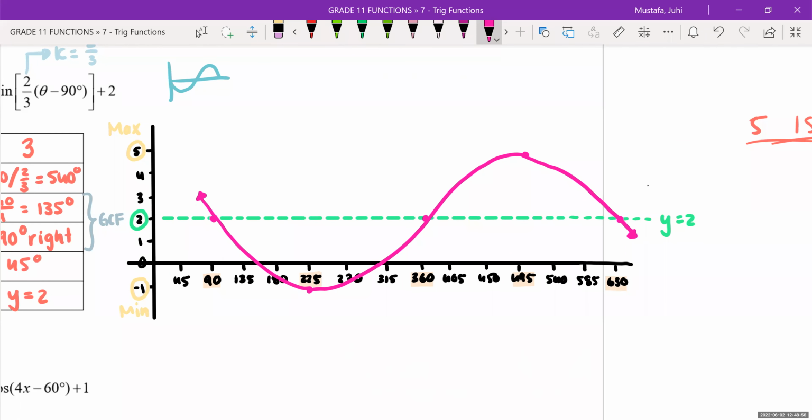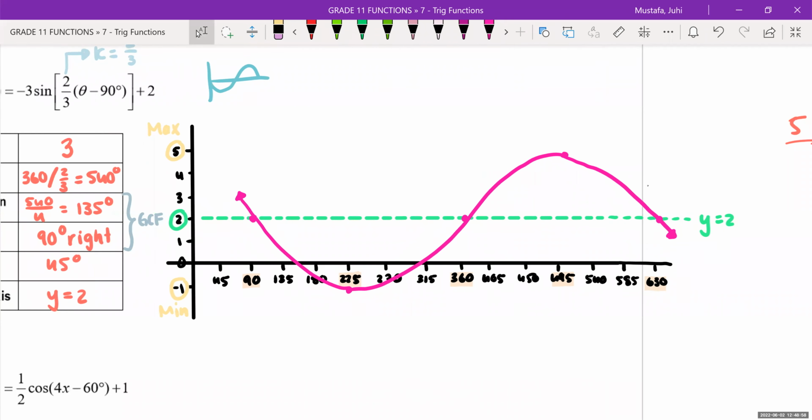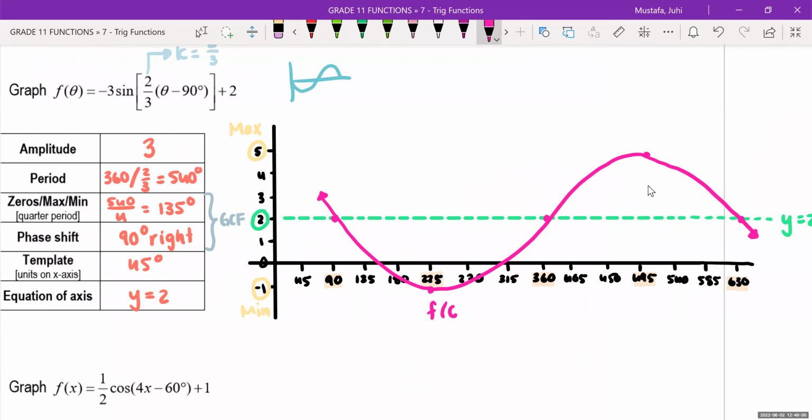And we're going to label it, and we'll see if we're actually on the right track. So to label this, it's going to be f of theta is equal to -3 sine square bracket 2/3 theta minus 90 plus 2.